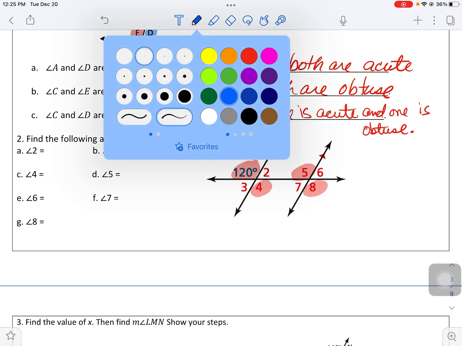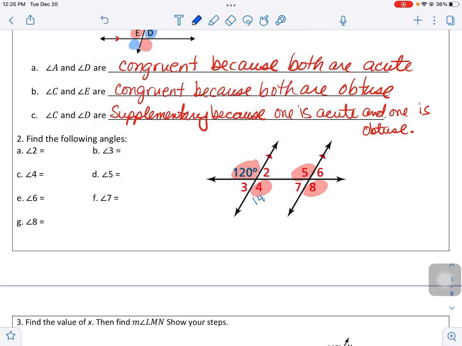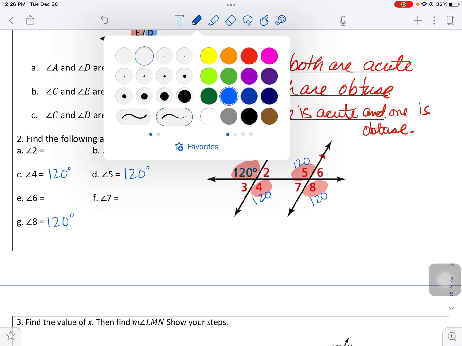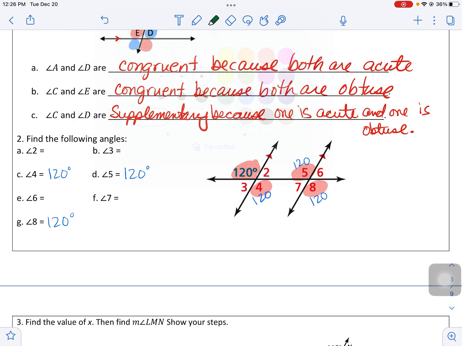So that means angle 4 is 120, angle 5 is 120, angle 8 is 120. And we can just fill that in. Then I see my acute angles. I'm going to highlight all my angles that are acute.